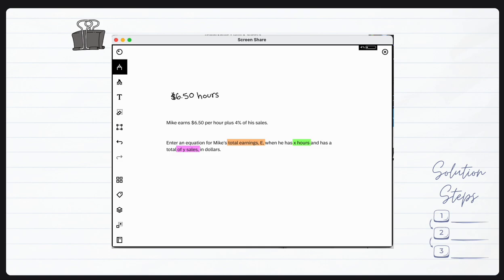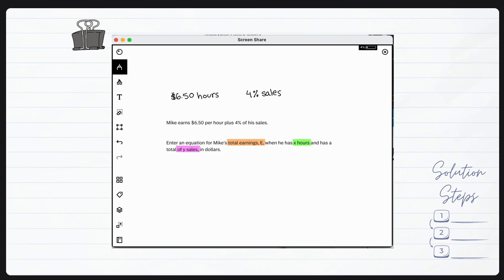That "per" usually means multiplying. Plus 4% of his sales. And again, that "of" usually means that we're multiplying, of his sales.